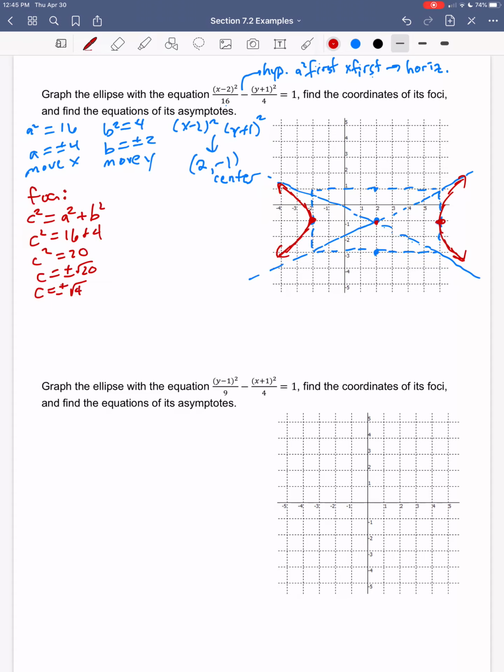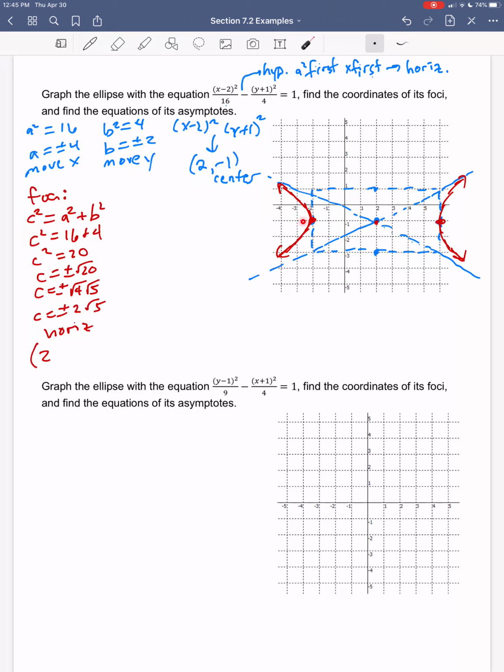That's square root of 4 times square root of 5. So simplified, that's 2 square root of 5. This is horizontal. So I would start at the center, which is 2, negative 1. But since it's horizontal, I'm going to have to change the x-coordinate, right?